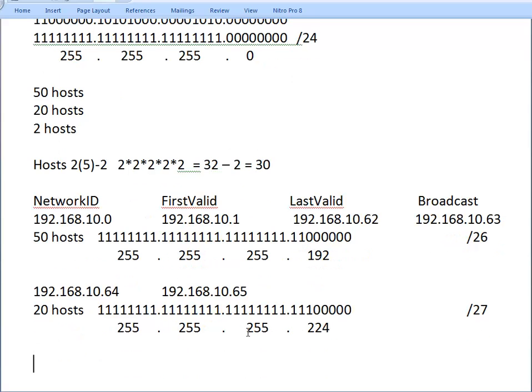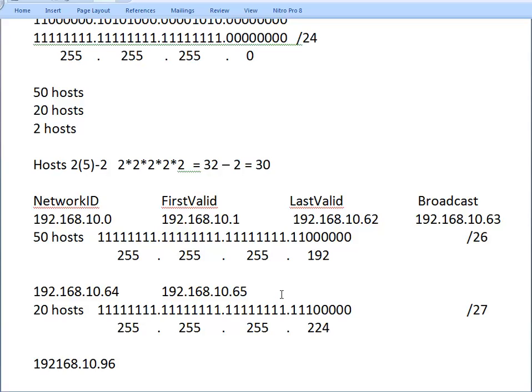To find the last valid and the broadcast, it's better if you find the next network ID. The next network ID is 192.168.10. Whatever that bit is representing, we have to increment that octet. So that bit represents 32, so we have to increment by 32. So 32 plus 64 is 96.